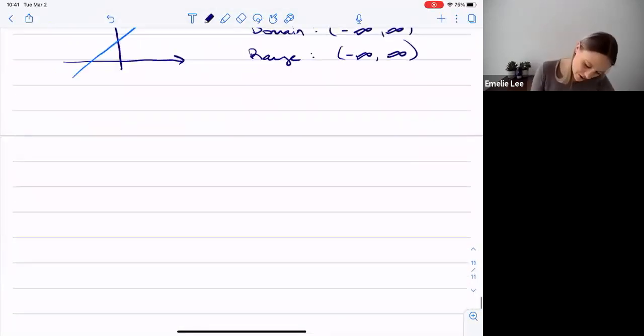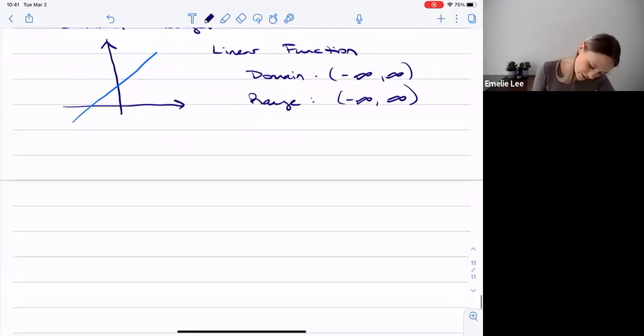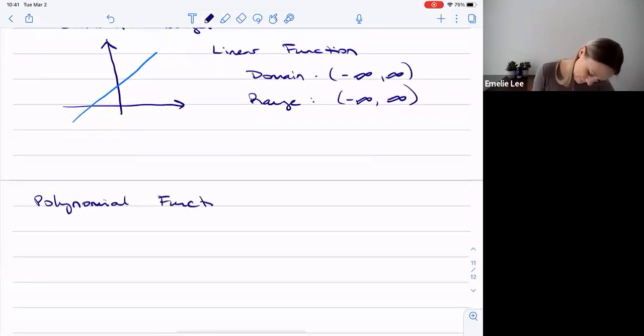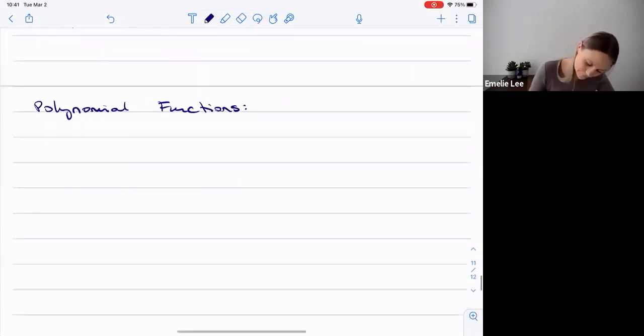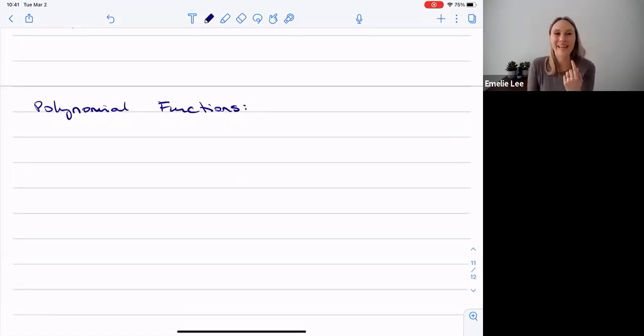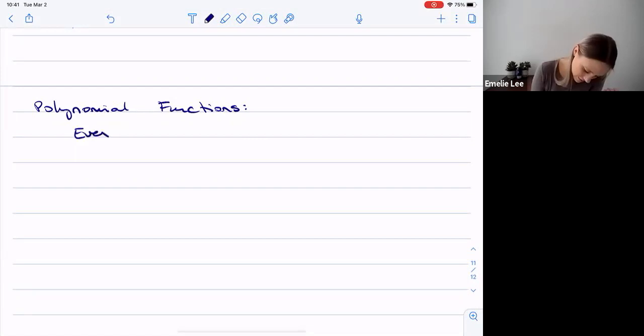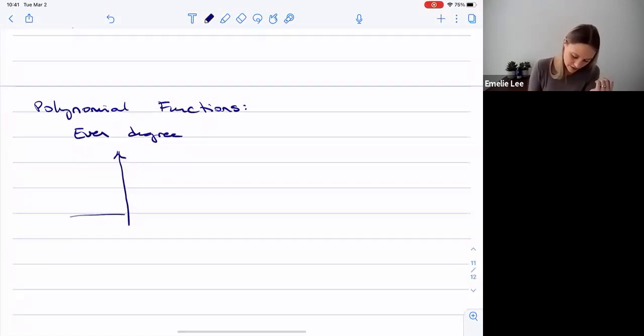How about quadratics or polynomial functions? If you have an even degree, then remember the function looks something like this.